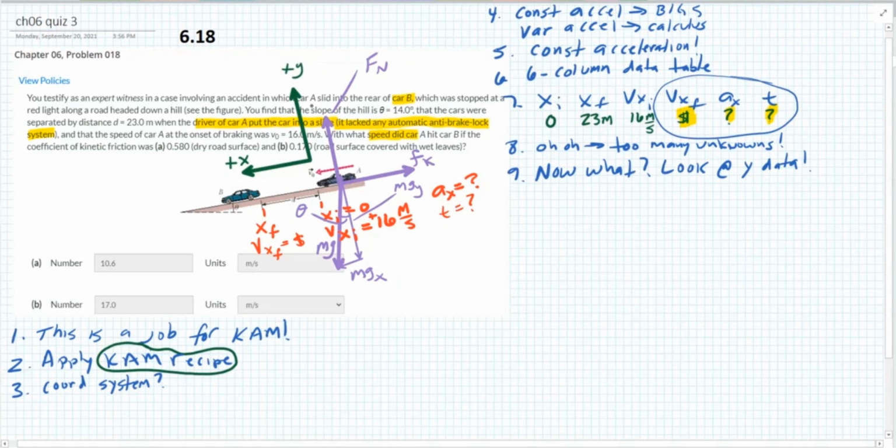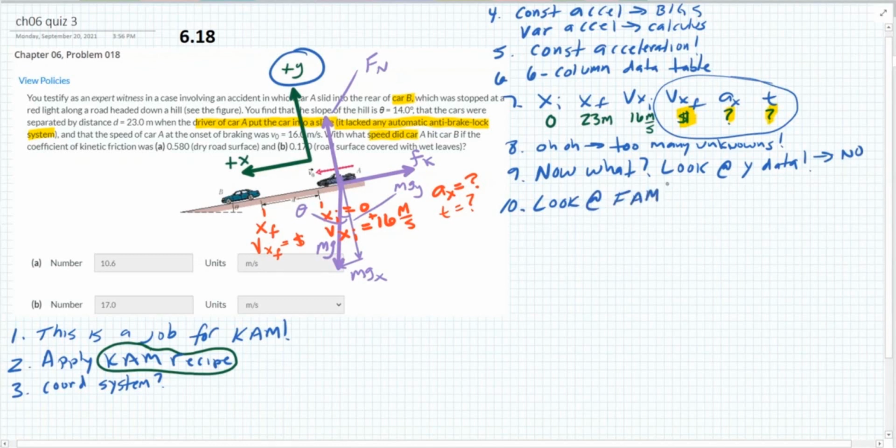There's nothing happening in that dimension that I can see any connection with the final x velocity, a sub x, or t. Unlike 2D projectile motion, where you could find something from the Y data. So no, look at force analysis.